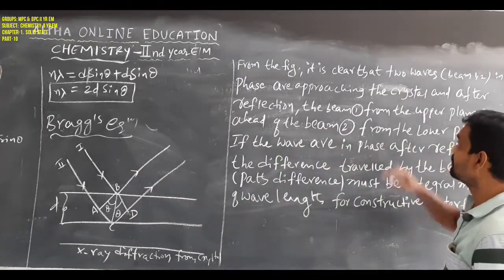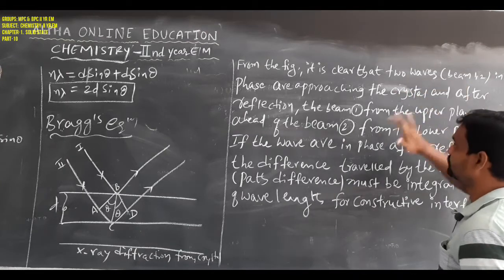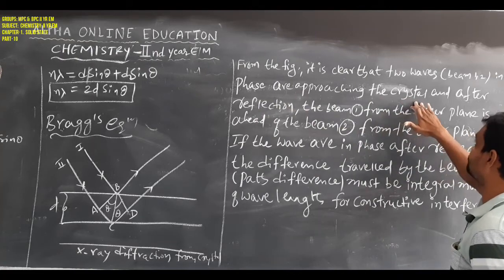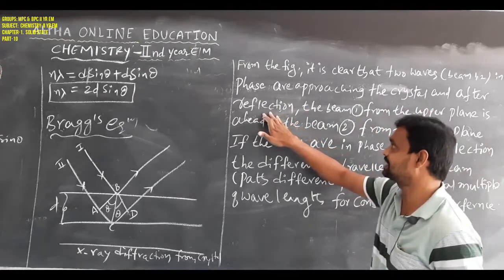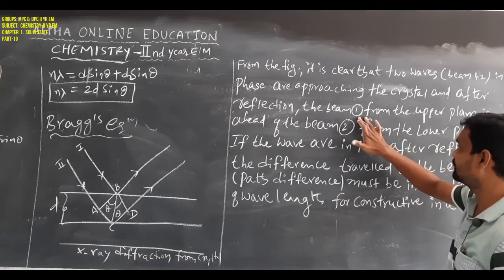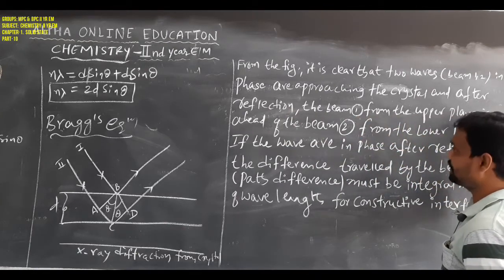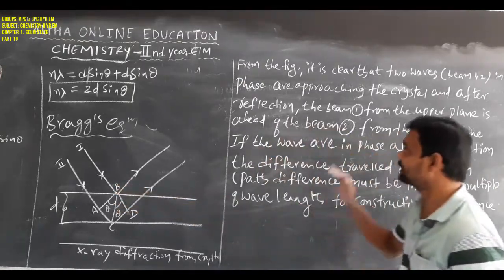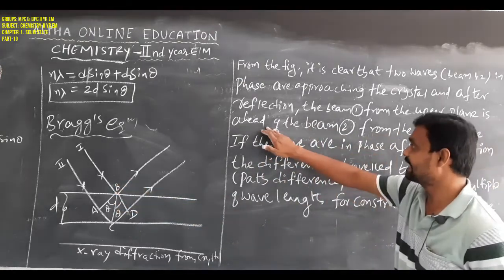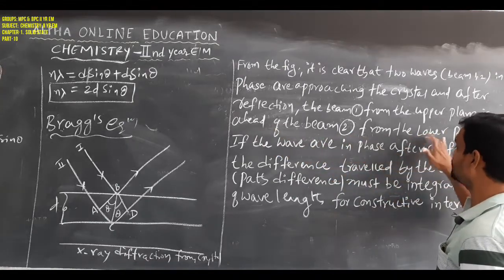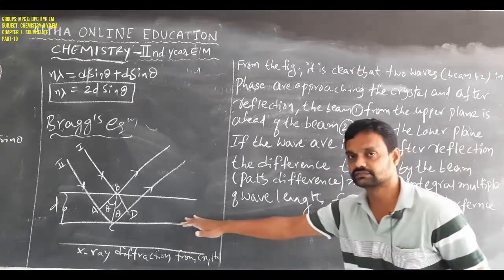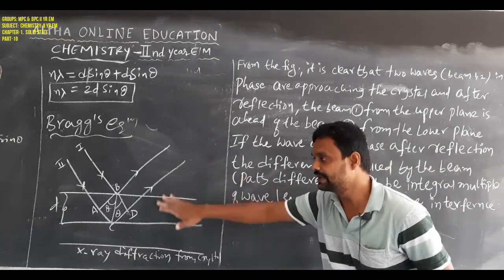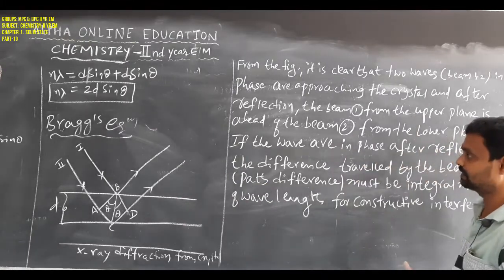Okay students, two waves, beam 1 and beam 2, in phase are approaching the crystal, and after reflection, beam 1 from the upper plane is ahead of beam 2 from the lower plane.